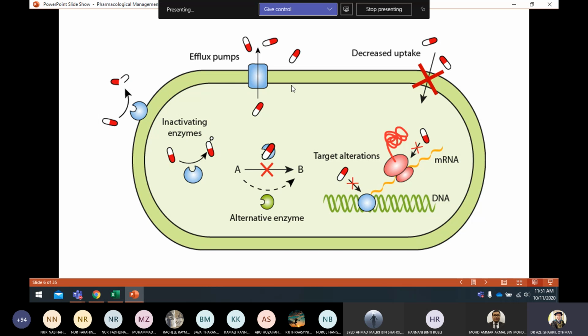If you read up a bit the journals and all the recent articles, when we talk about the development of resistance in terms of efflux pumps, for example, or in terms of decreased intake, these things are not exactly well established.